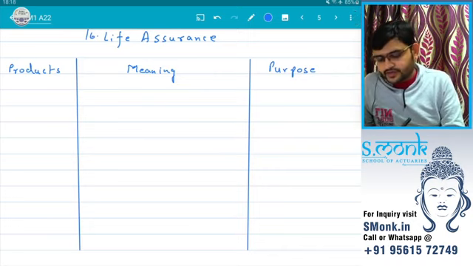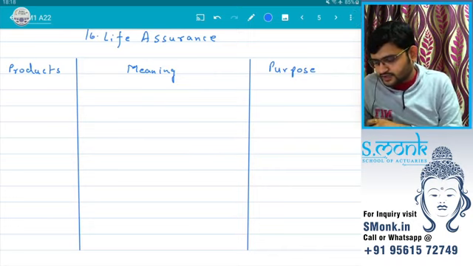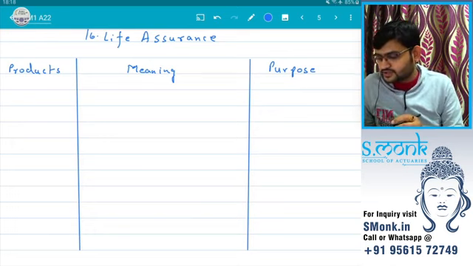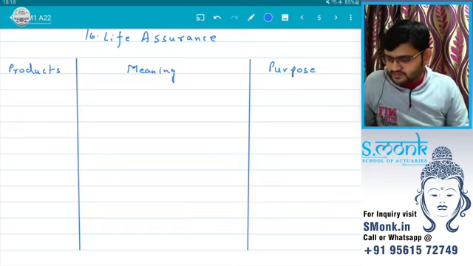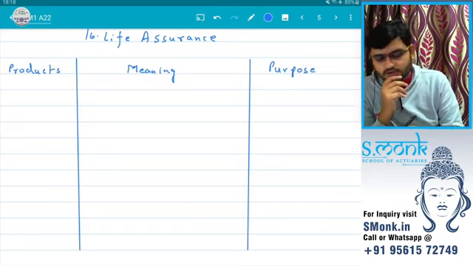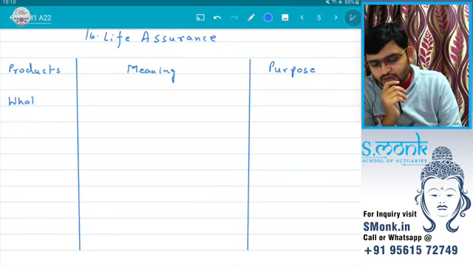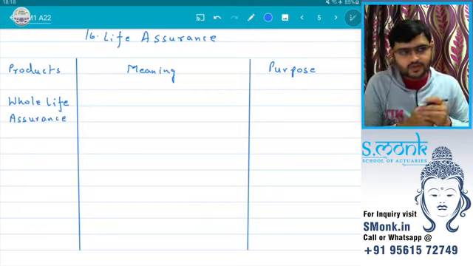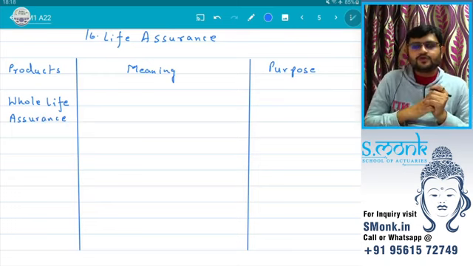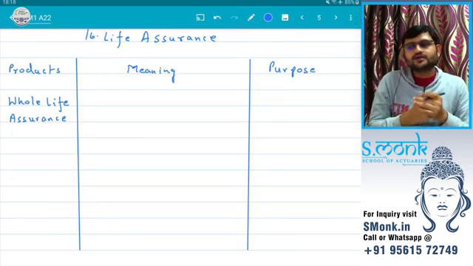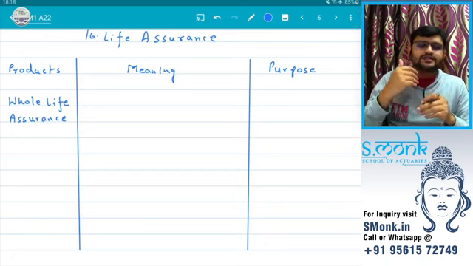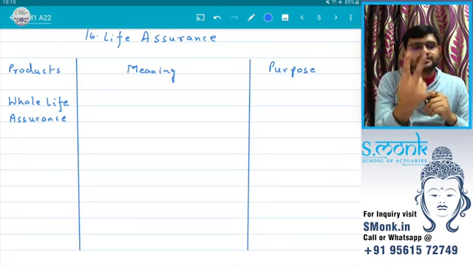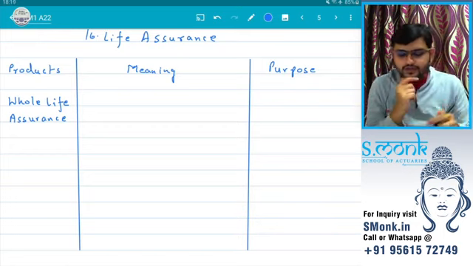So the first product that we'll be talking about is whole life assurance. In this, we talked about this whenever we are talking about the payment given when life is lost, we call it either benefit or sum assured. Right now we'll be writing it as benefit.